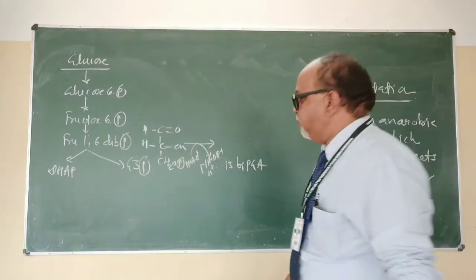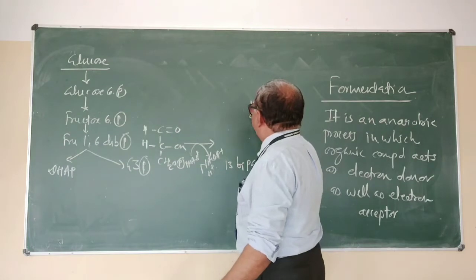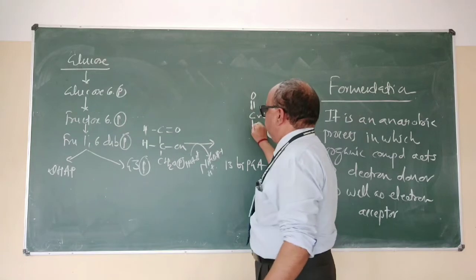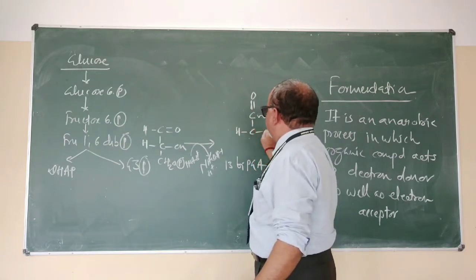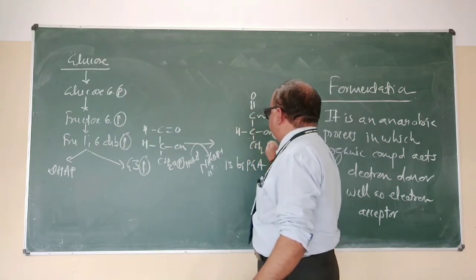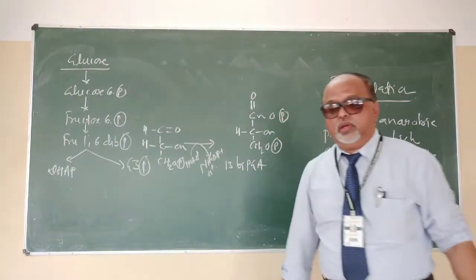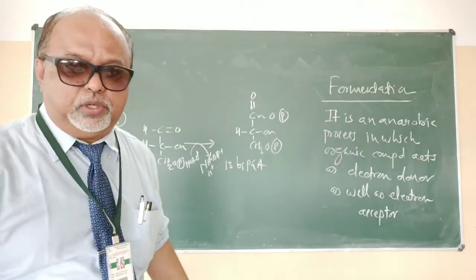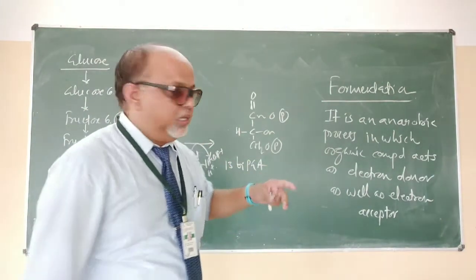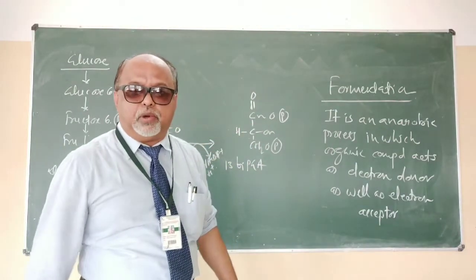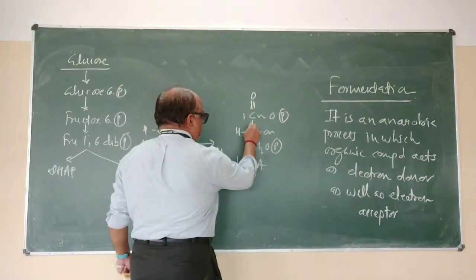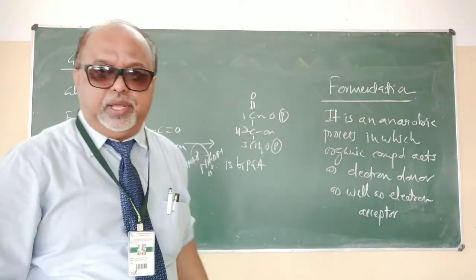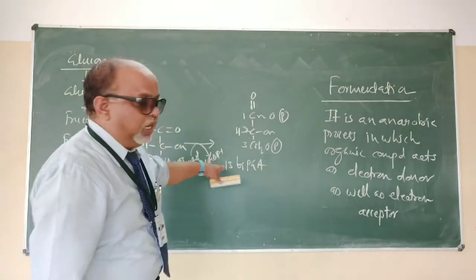The structure is C double bond O P, H C OH, CH2OP. There are two phosphate groups; the one linked to carbon number 1 is a high energy phosphate group, and there is another phosphate group attached to carbon number 3.